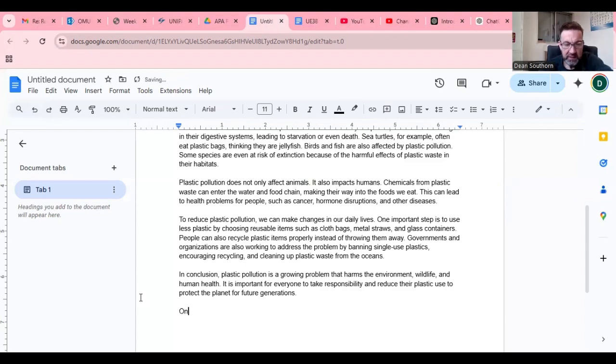Other phrases that you often see: on the other hand, phrases such as as a result of, maybe in addition to, not only, but also.